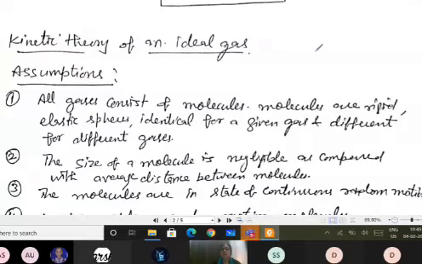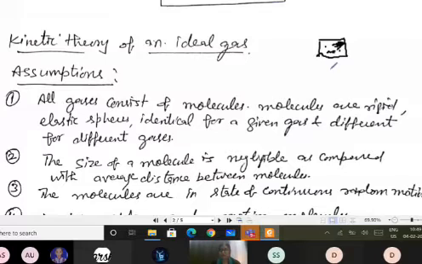Whenever the molecules move towards the wall, there is a change in momentum, which exerts force, and you have to apply Newton's third law, meaning for every action there is an equal and opposite reaction. So you find the change in momentum, and then due to that change in momentum or force, you find the pressure exerted on the walls of the container.